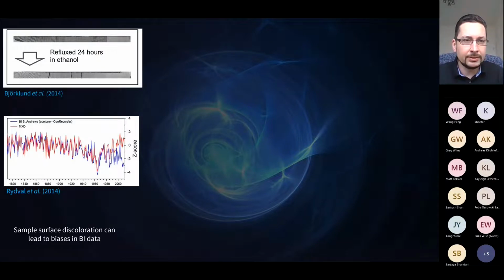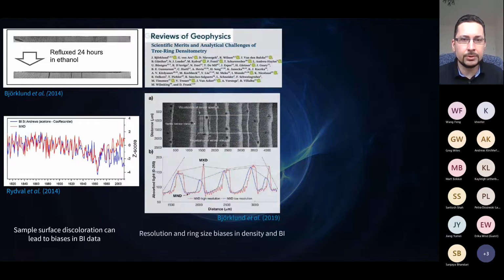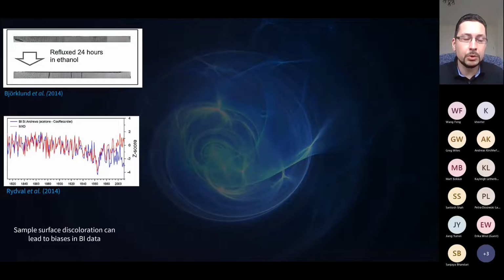We are all more or less aware that there's sometimes a quite substantial issue when it comes to color and light reflectance property issues with blue intensity data. Any discoloration can cause potential biases.